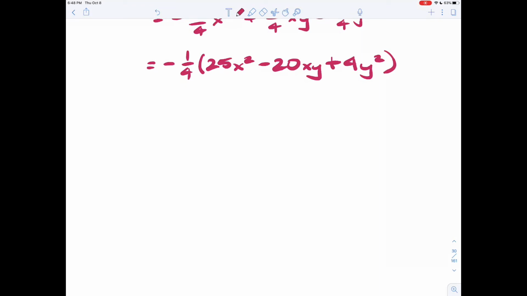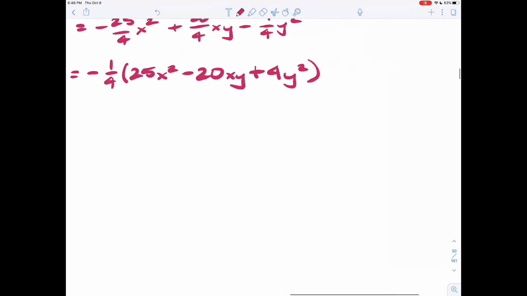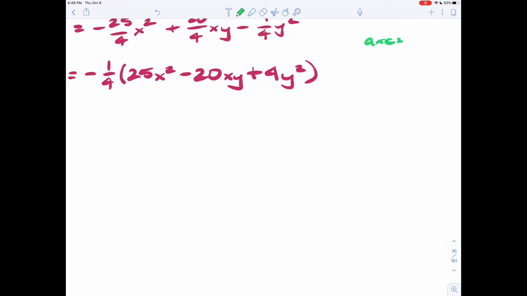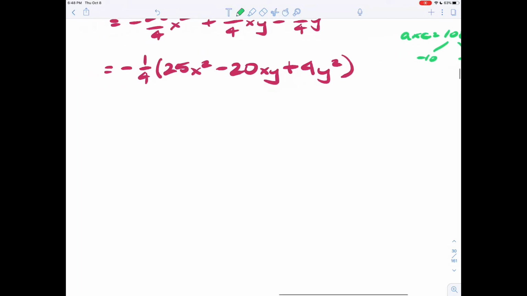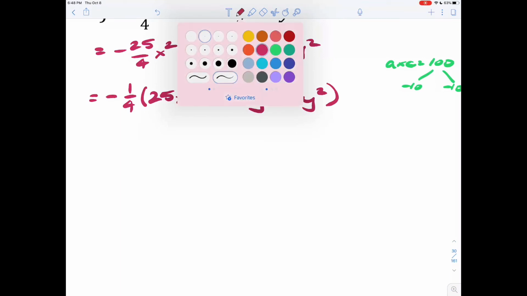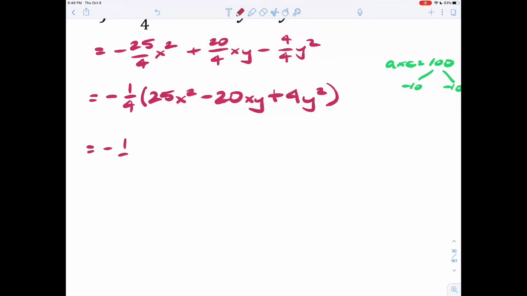Now, as we take a look at this, I could start decomping it. And when I do so, my a times c is 100. Factors of 100 that add up to negative 20 are negative 10 and negative 10. Oh, same. In that case, if they're the same, that means this must be a perfect square trinomial. So I will keep my negative 1/4.